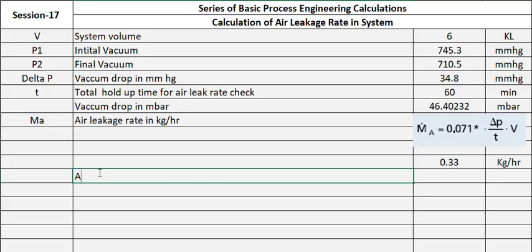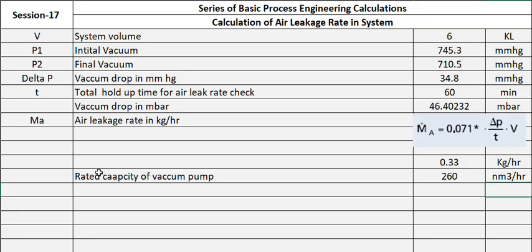Then we simply need the rated capacity of the vacuum pump. Rated capacity we need to take as per our requirement, or what is the installed actual Nm cube per hour.